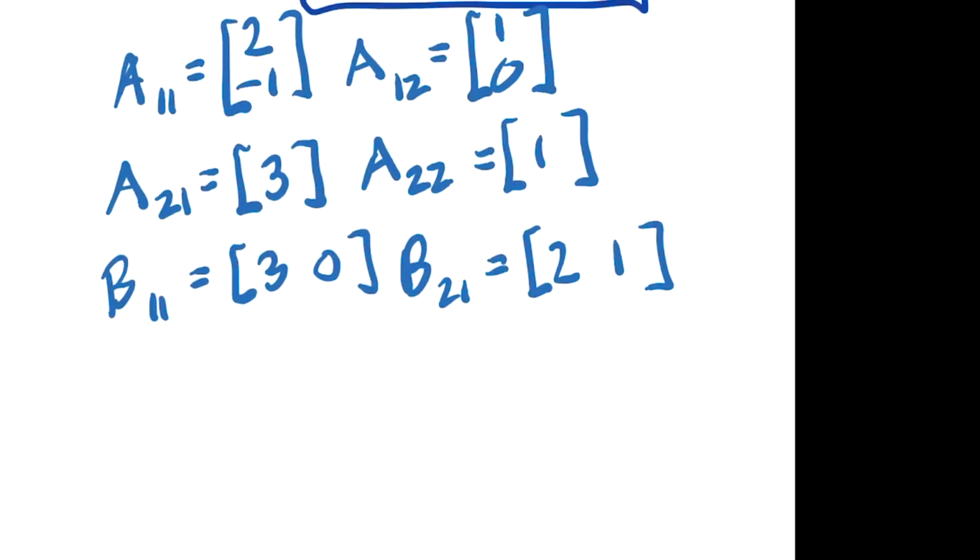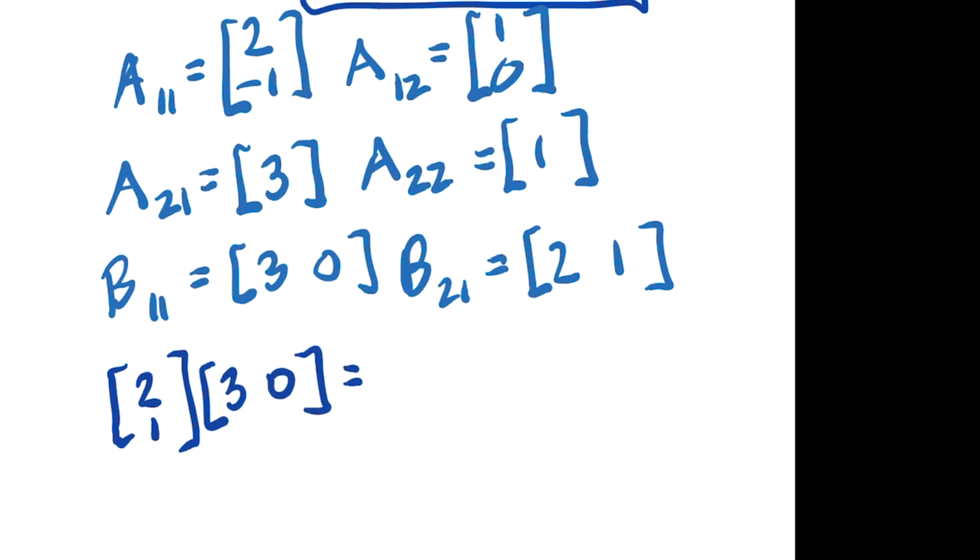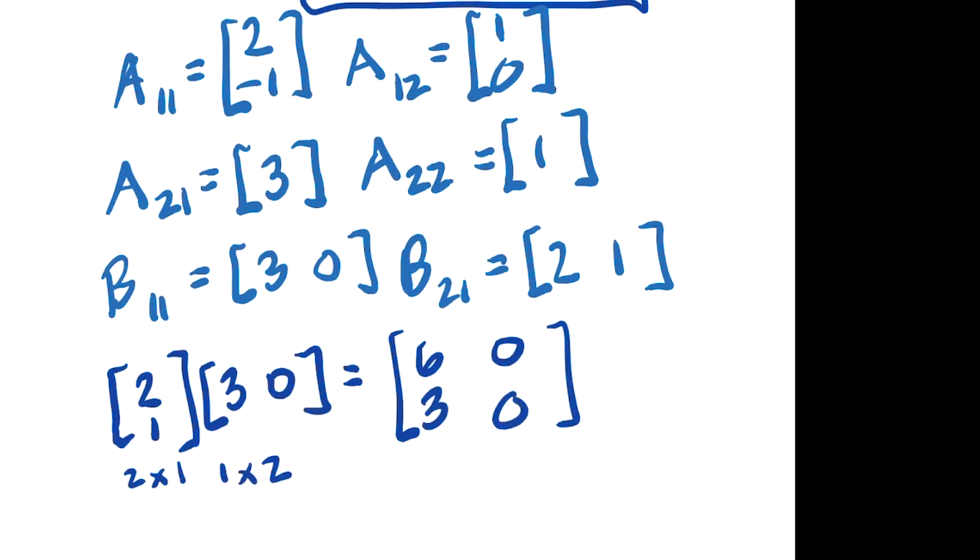All right, so A11, remember, is 2, 1 times B11, which is the row matrix 3, 0. So when I do that multiplication, I've got a 2 by 1 times a 1 by 2, so I'm going to get a 2 by 2 out. So I'll have 2 times 3 is 6. 2 times 0 is 0. 1 times 3 is 3. 1 times 0 is 0. Groovy?